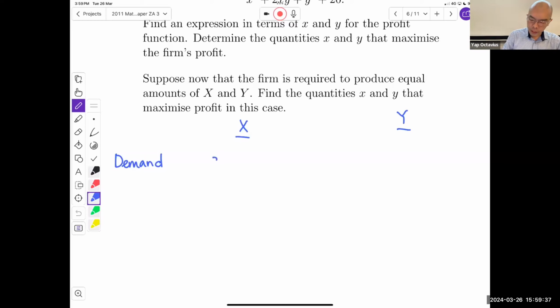So given the demand, earlier on we are told that this is the one. So therefore your PX is equal to this. Then for the Y, the demand is this one. So your PY.